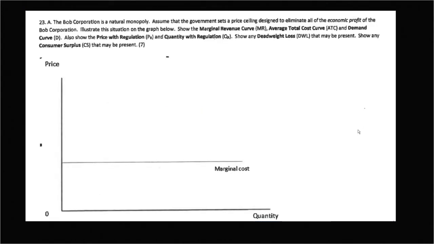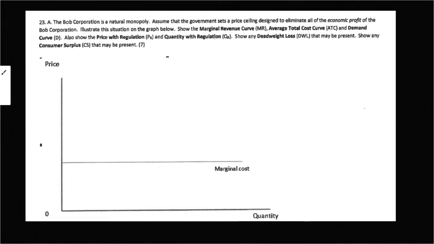Alright, so the Bob Corporation is a natural monopoly. Now assume that the government has set a price ceiling. Alright, this is in my perfect competition review video, but this is a natural monopoly.